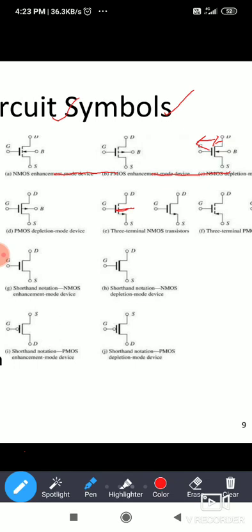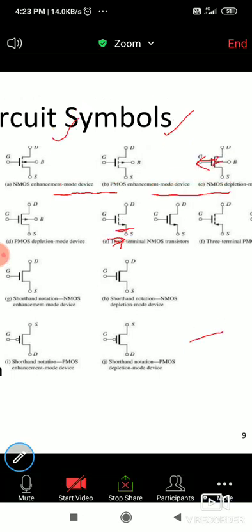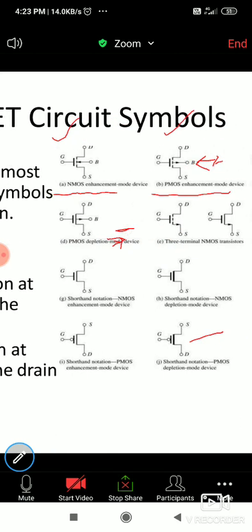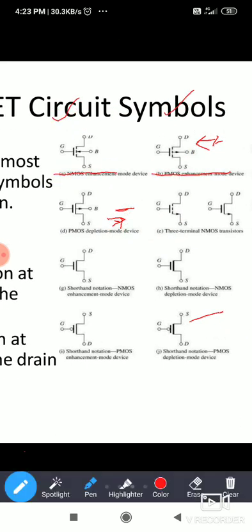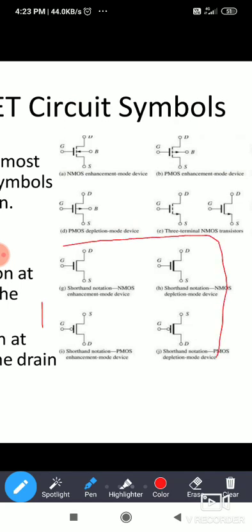We can indicate NMOS like this, with an arrow like this. And here three terminal PMOS like this. And if you see the last four.